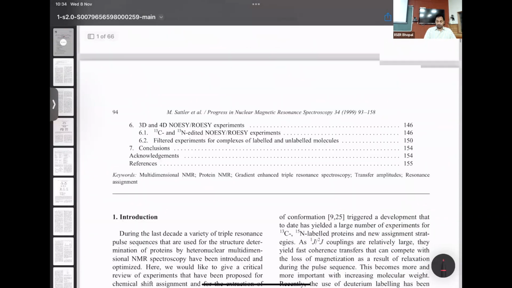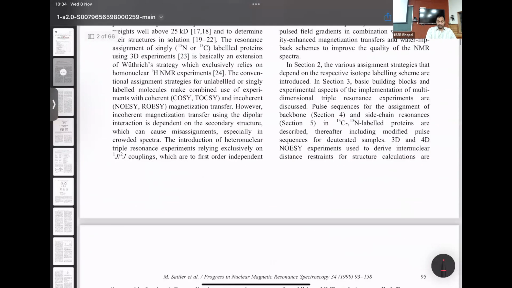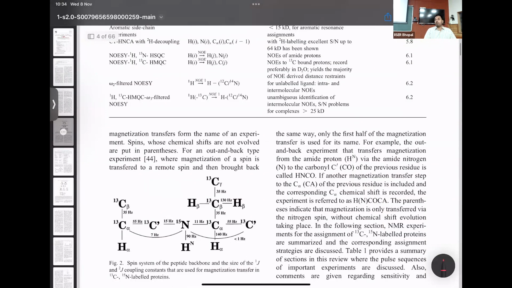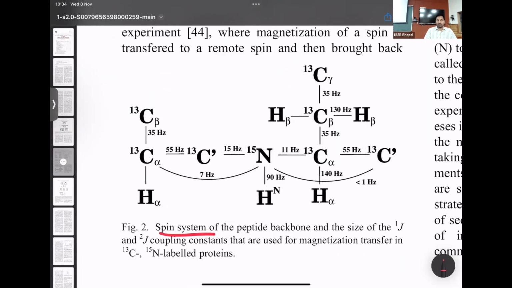So let's first go here and understand some important aspects. This is the spin system for a peptide backbone, as you're able to see. What does a spin system mean? You're just putting the bare backbone atoms that are present, and jotting down the one-bond scalar coupling values that exist. Are you able to see that?